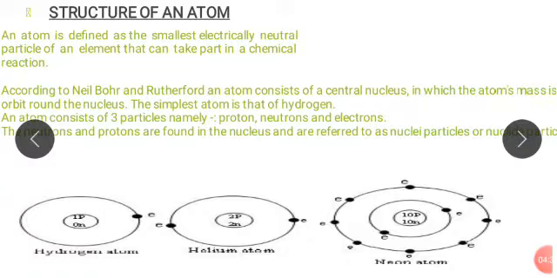So in an atom, we have the central part, which is called the nucleus, and outside the nucleus we have what we call shells, where electrons are.